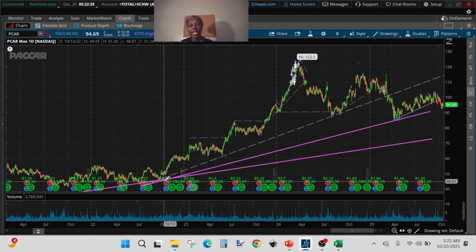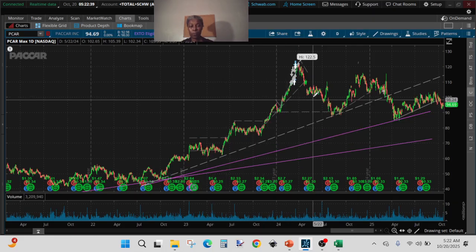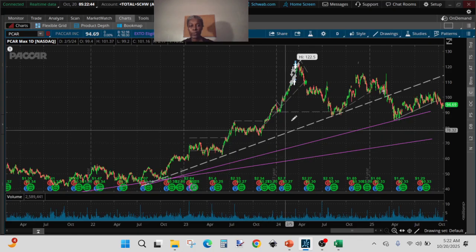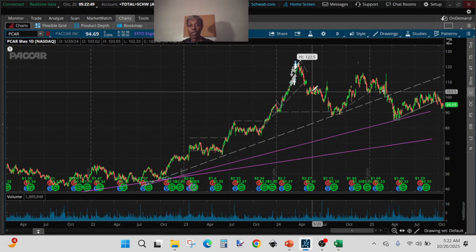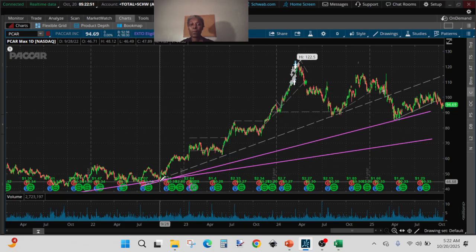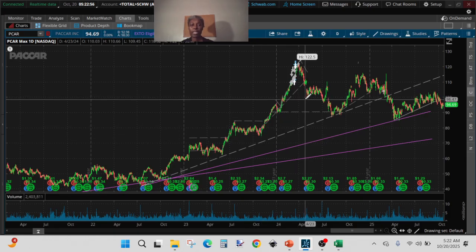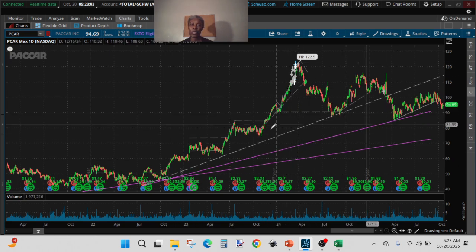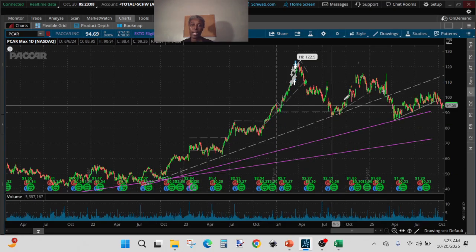Tracing a support line passing by the bottom of the V's of the chart, or the higher lows, or the obvious lows, is one way for me to determine the direction of the trend, by looking at how the chart is moving in relation to the lines that are traced.